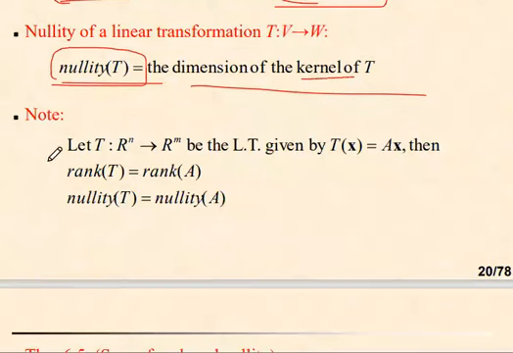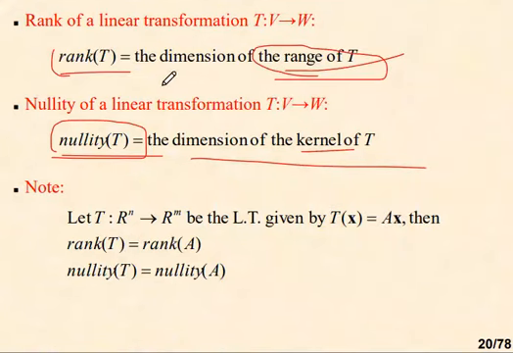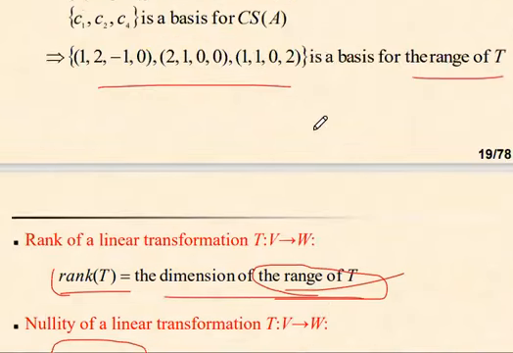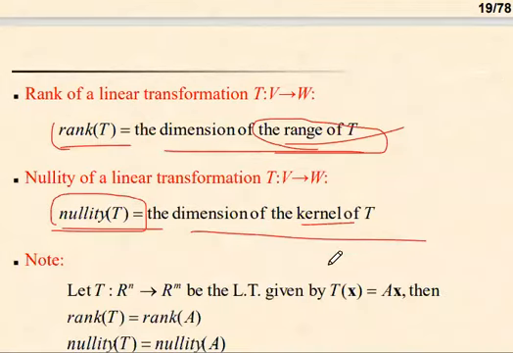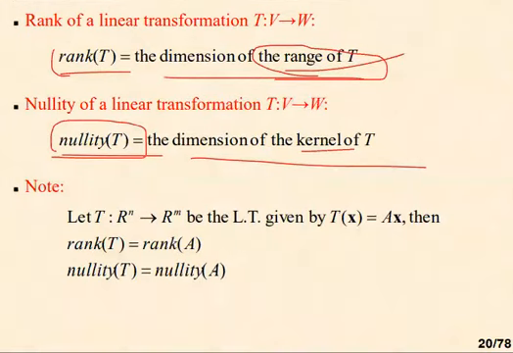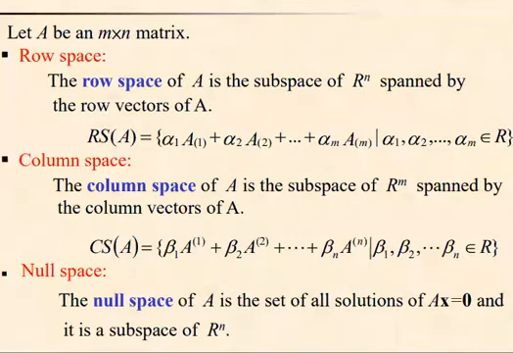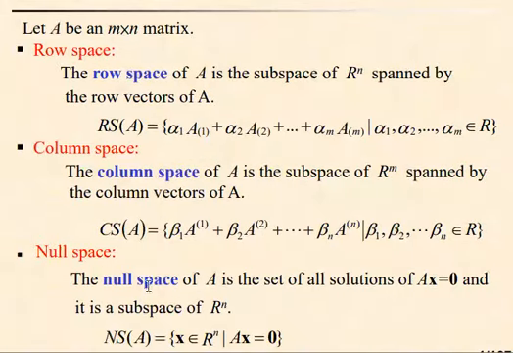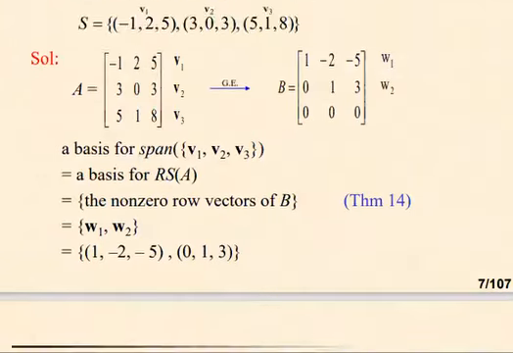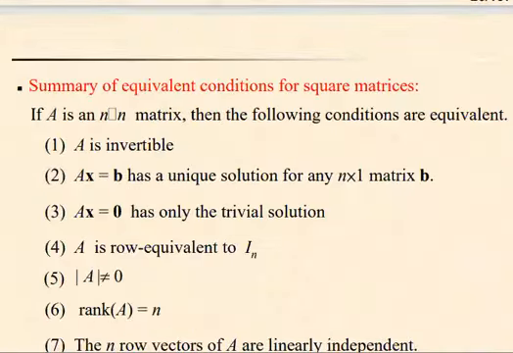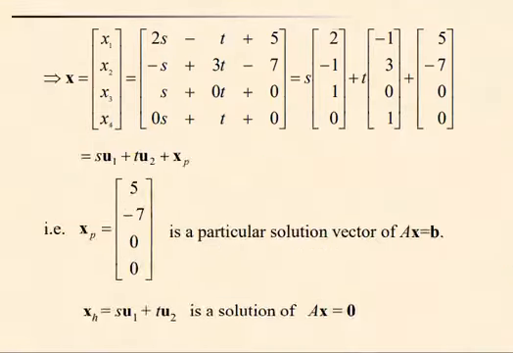Written in terms of matrices, the rank of T is the dimension of the column space. I think you remember, right? We discussed that in 7A. Here: row space, column space, and null space. These are very easy for you now, right?